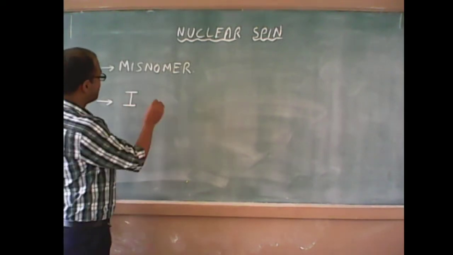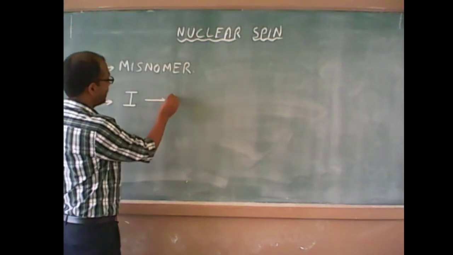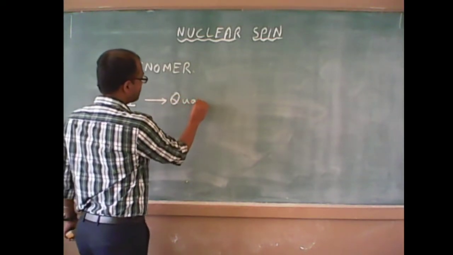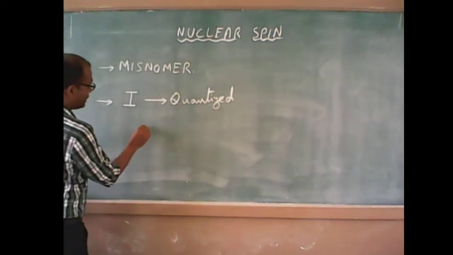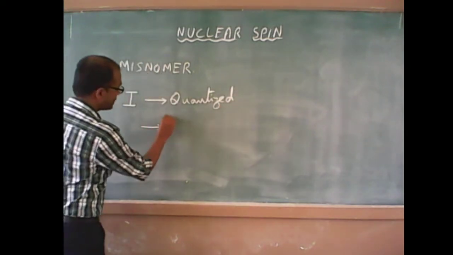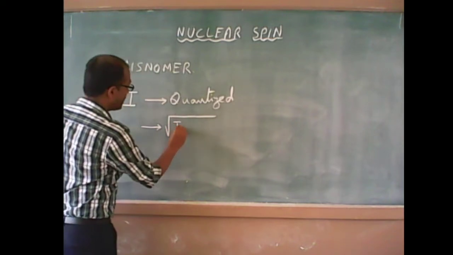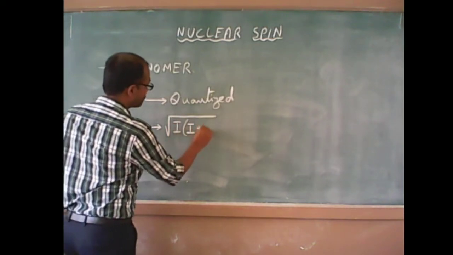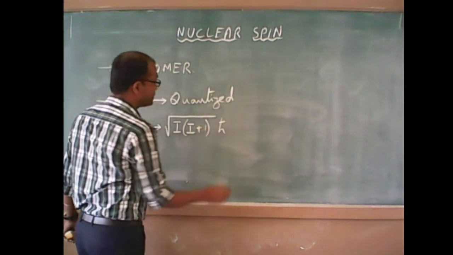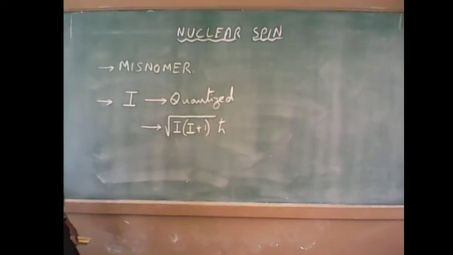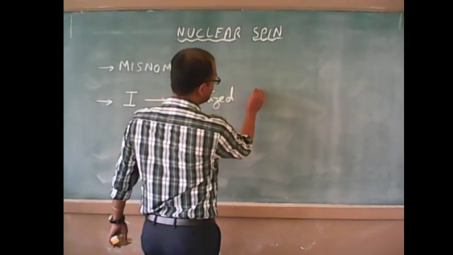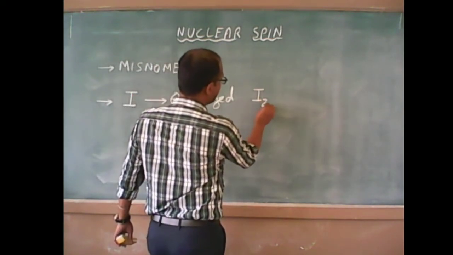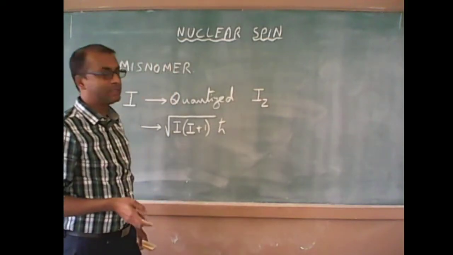And this nucleus spin is again quantized, and as per quantum mechanics it can have a magnitude of root over I into (I plus 1) times h cross. Also, with respect to an external magnetic field, when we say it's quantized, let me say I have a magnetic field along the z axis.